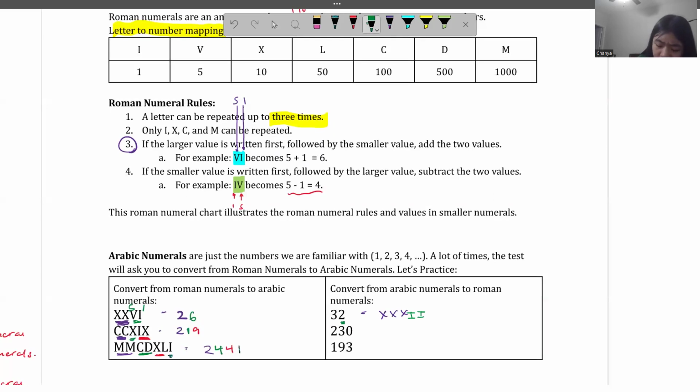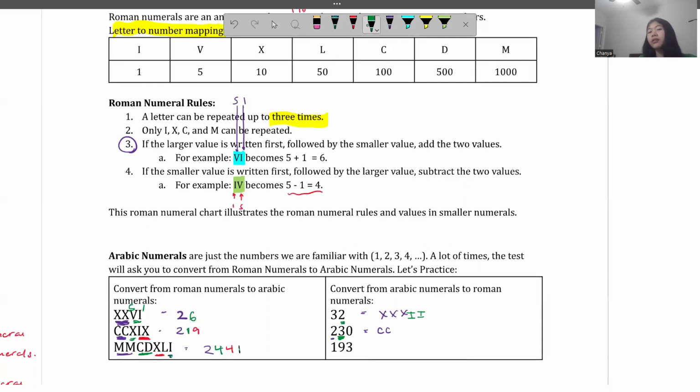Similarly, what about 230? That's pretty similar. You first have to figure out how to write 200, because 2 is in the hundreds place. You notice that C has the value of 100, so 200 would just be CC. Now, how do you write 30?